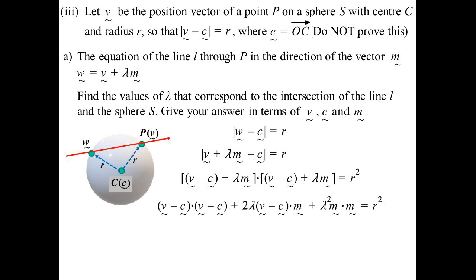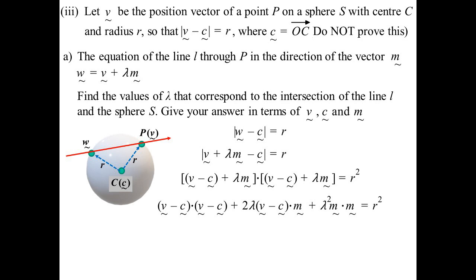Expanding that out, and remember, when you're expanding out the dot product, it's not a vector times a vector, it's a vector dot product with the vector. So expand it out like normal. (V − C) with (V − C) becomes (V − C)·(V − C).